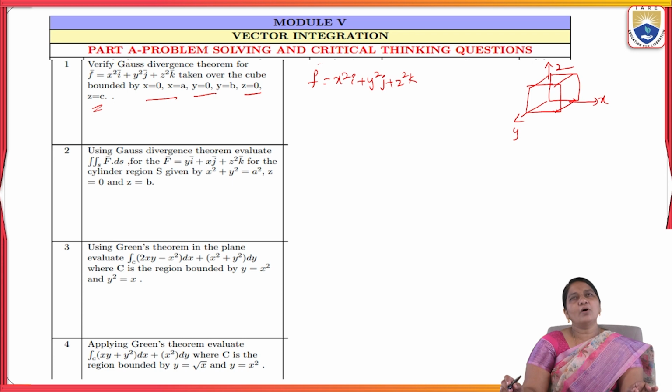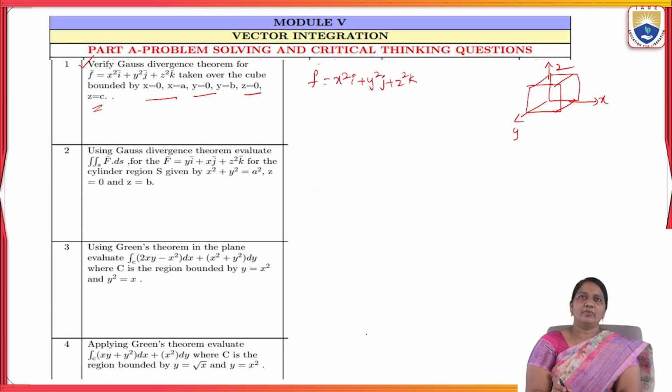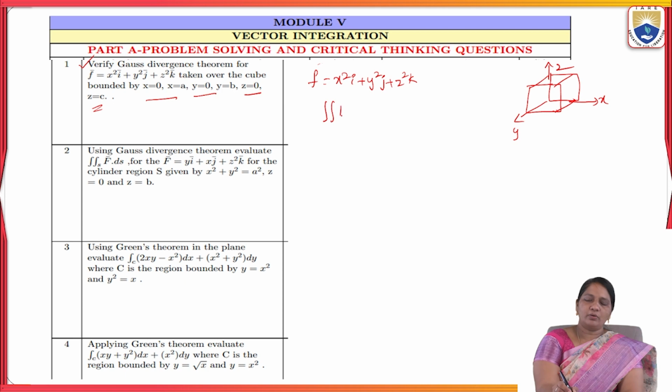So we have to read the question properly. Here they are asking to verify the Gauss divergence theorem. So first of all, what is the statement of the Gauss divergence theorem? Double integral over S of F bar dot n dS is equal to triple integral over V of del dot F dV.